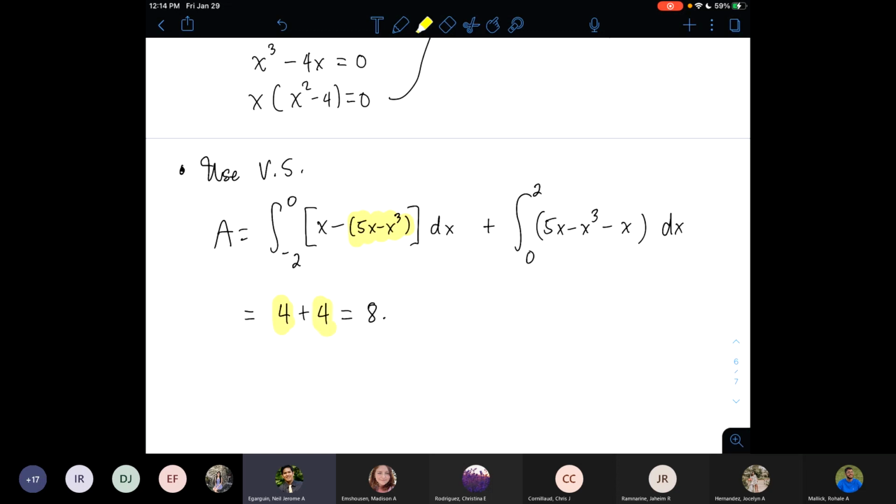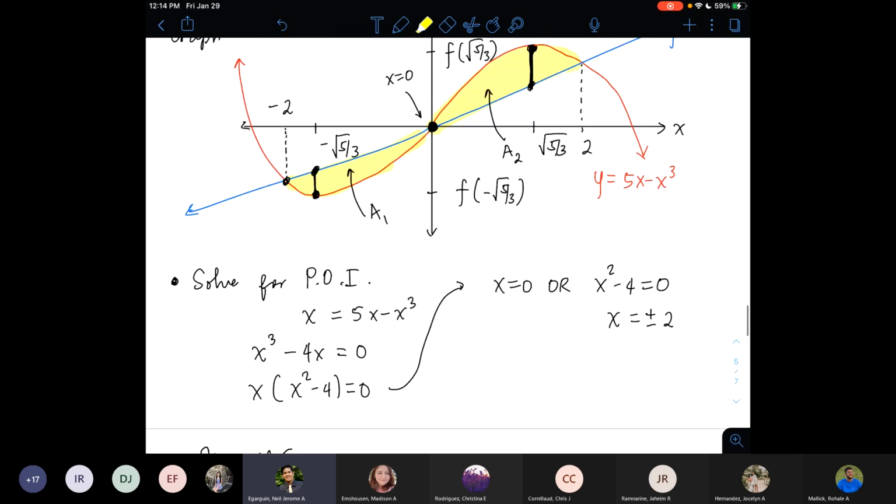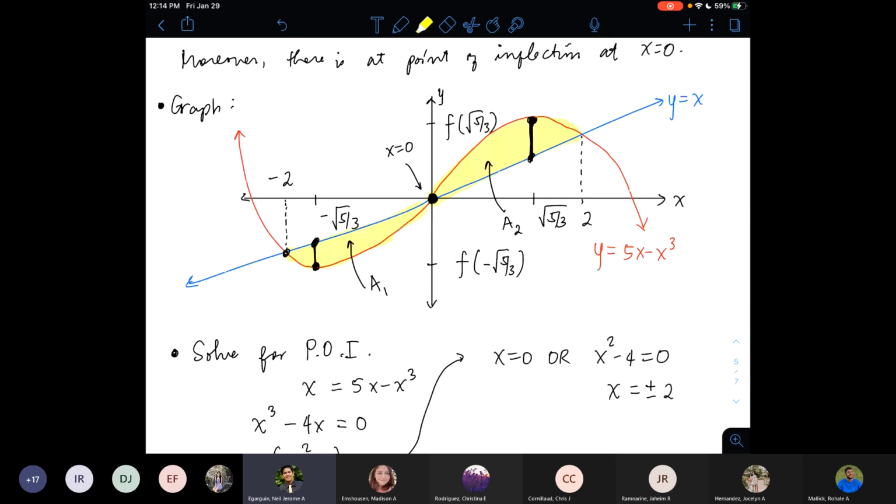But I want to be careful in using symmetry because, according to my graph, I'm not sure if it's symmetric at all. If you know the dynamics or have an idea about the symmetry of the function, then it's fine to use symmetry. It's just that for this particular example, I am not sure that area 1 is symmetric to area 2.